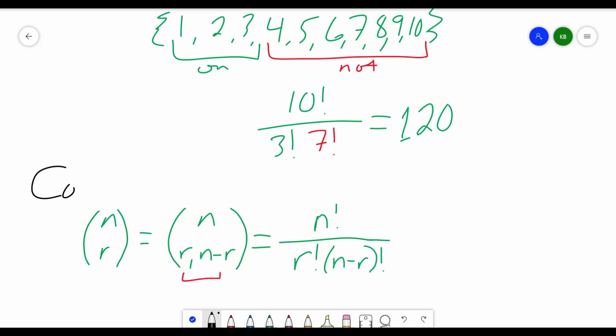This is called a combination. So in permutations, we care about the order. In combinations, we do not.